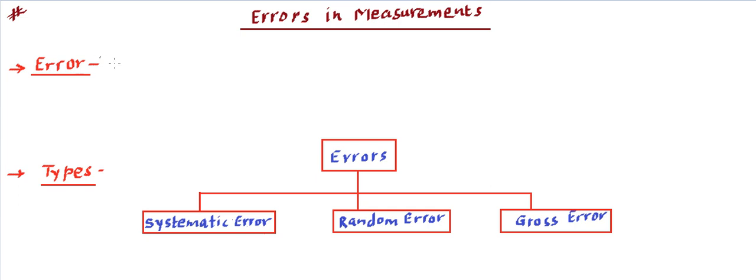Whenever we do any measurement, we will be measuring some physical quantity, and that physical quantity will have some true value.